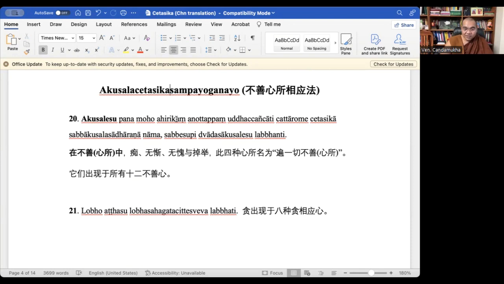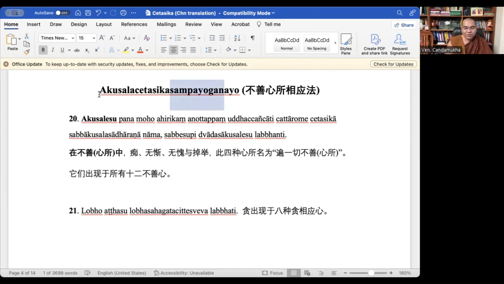Sampayoga is association. They can be friends only when they share the same nature. It means unwholesome citta is associated with unwholesome Cetasika.